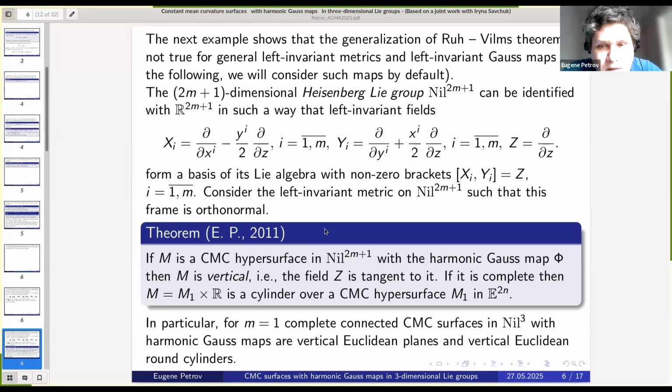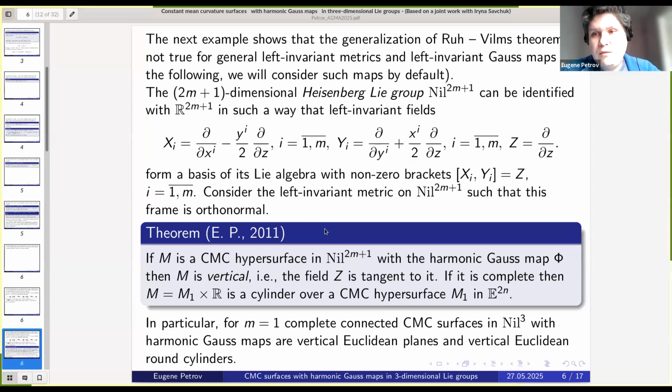For such a metric, if we have a CMC hypersurface with a harmonic Gauss map, then it's vertical, so the field Z is tangent to it. If it is a complete hypersurface, then it's simply a cylinder over a constant mean curvature hypersurface in Euclidean space.